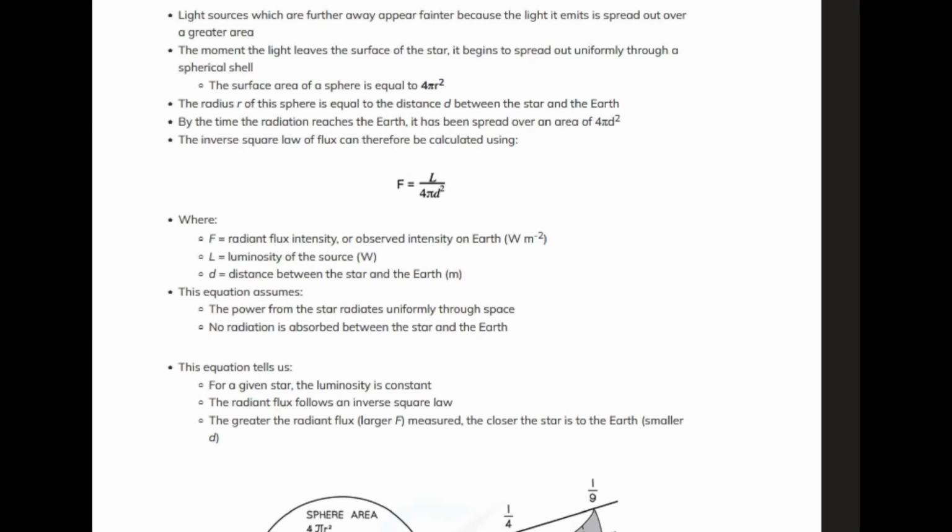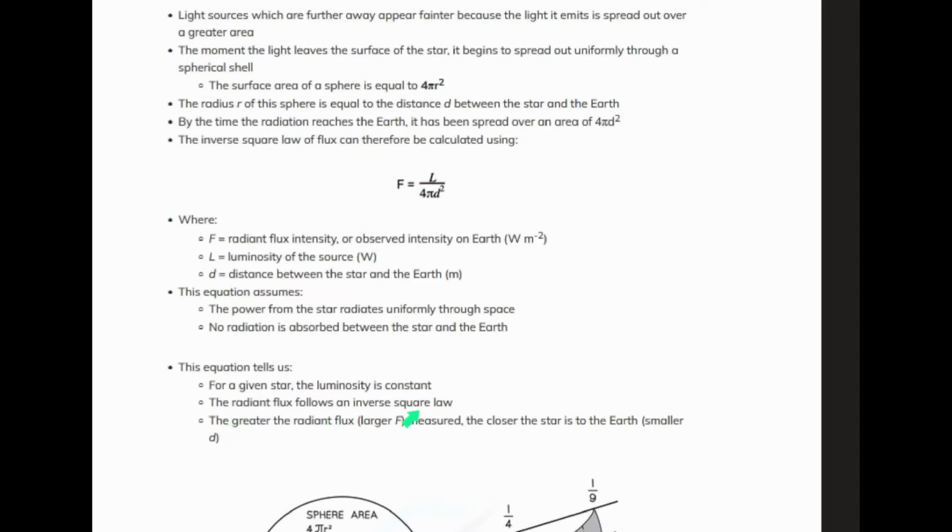And then after that, this equation tells us that for a given star the luminosity is constant. The radiant flux follows an inverse square law. That means F follows this formula.